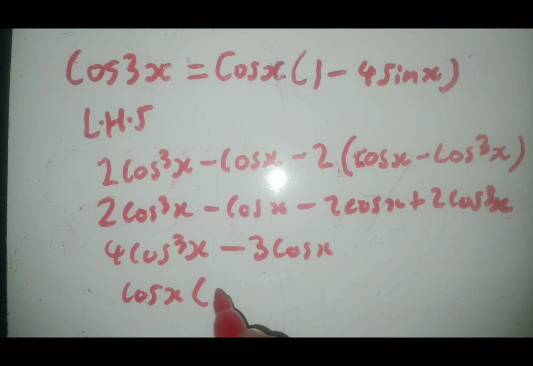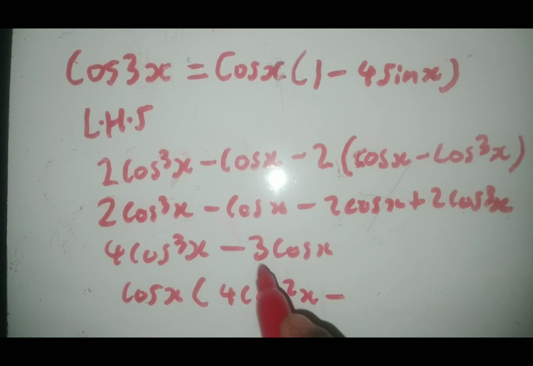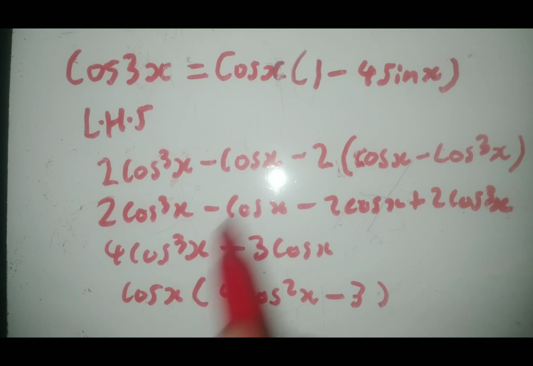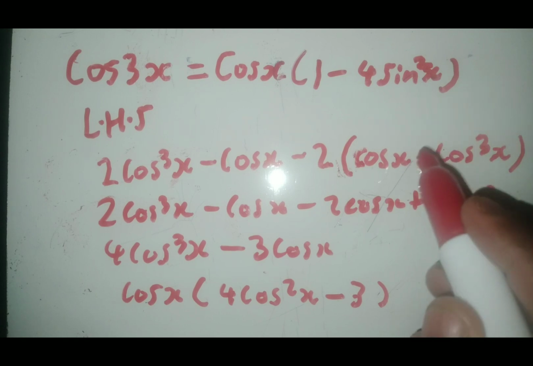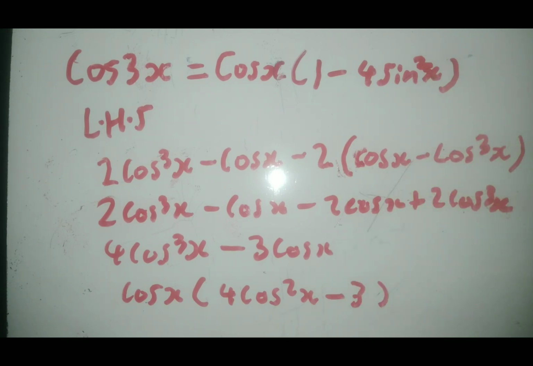So this in the bracket is going to be 4 cos squared x minus 3. So then I'm going to have to change this into sine so that it can be the same as that. In matter of fact, I realized that this is actually squared. The question has it as squared. Okay, so then this side I have to change it. So let's change that.